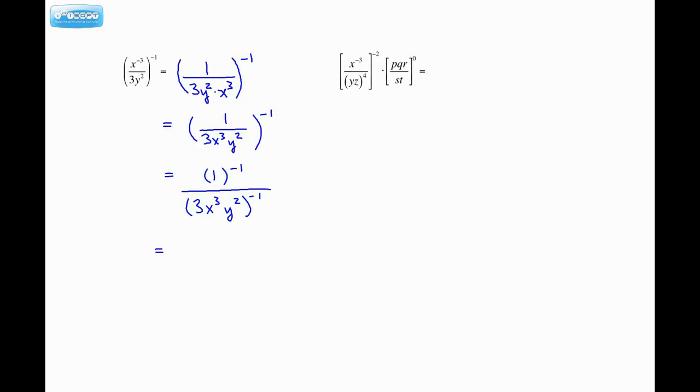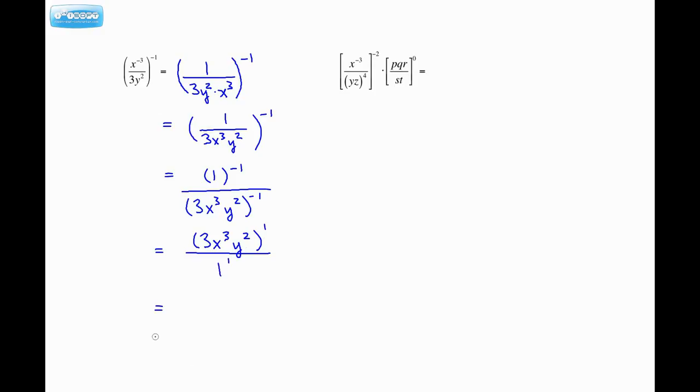How on earth do we deal with this? Well, we can apply a switch. This can go to the denominator, and then this entire thing can go to the numerator. So this becomes 3x cubed y squared to the positive 1, and then this becomes 1 to the positive 1.